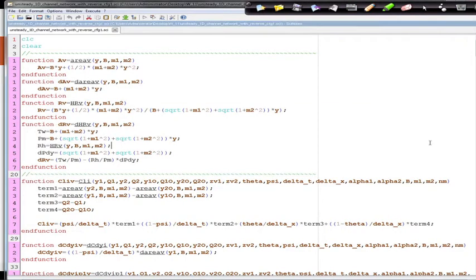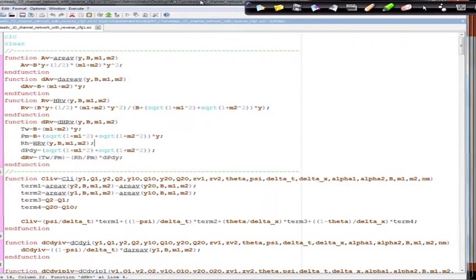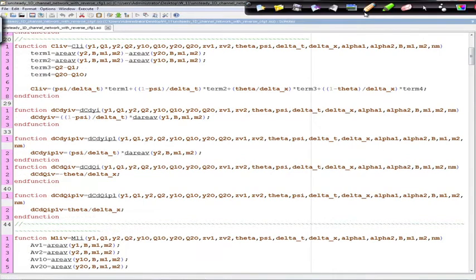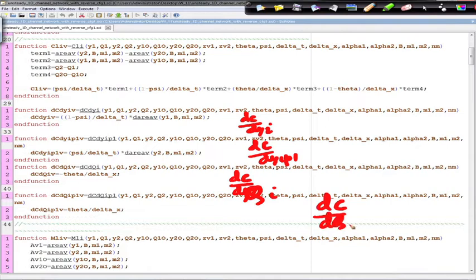Then comes our function, which is dC by dy_i, this is dC by dy_i plus 1, and next one is dC by dQ_i, and next one is dC by dQ_i plus 1.